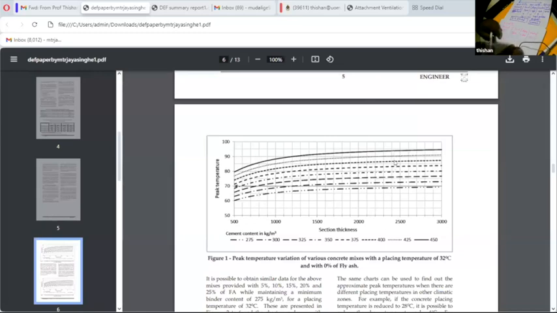You don't know anything about DEF. What is the size that you can cast? The maximum size you can cast is about 400 millimeters. Is that clear? Without any risk of DEF, what is the maximum size you can cast?